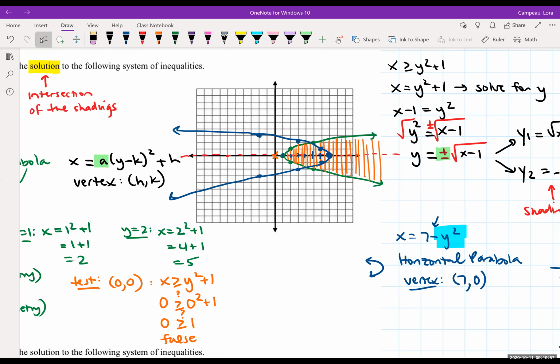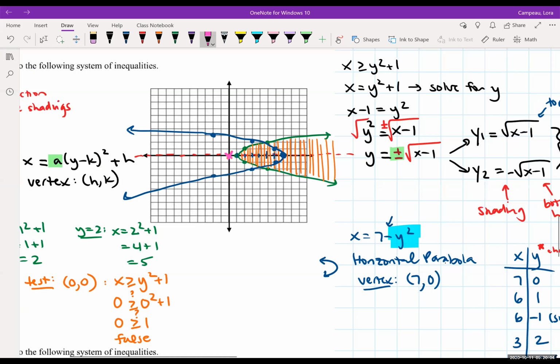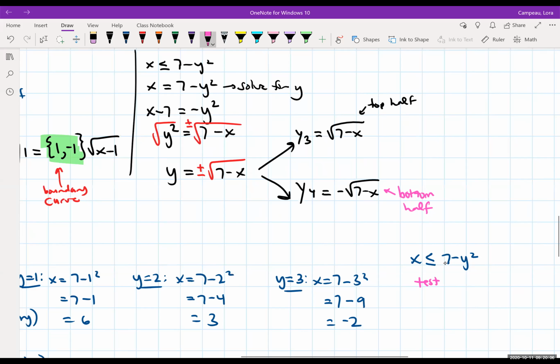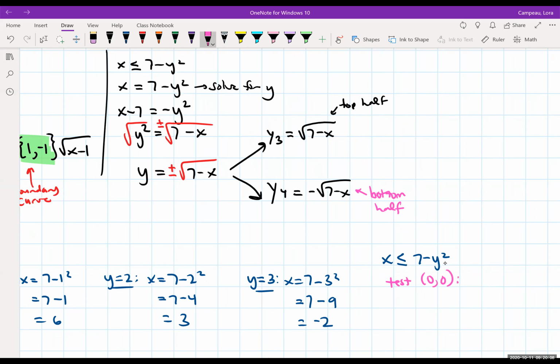So double check, if I were to ask what happens if I shade on the inside, that's a nice point. I can pick 0, 0. I'll go back, test 0, 0. And if we were to plug that in, 0 less than or equal to 7 minus 0 squared. So is 0 less than or equal to 7? Yeah, we got ourselves a true statement.